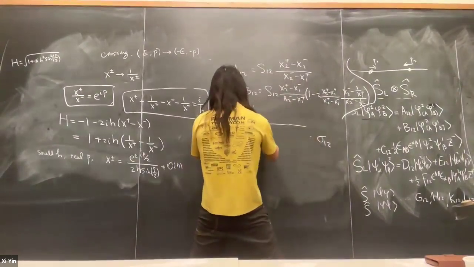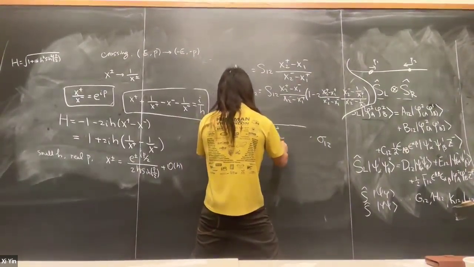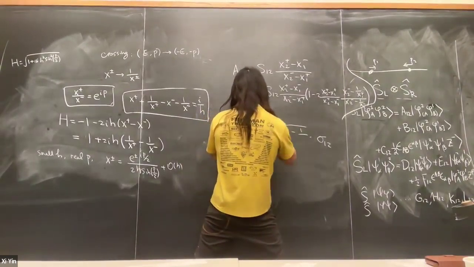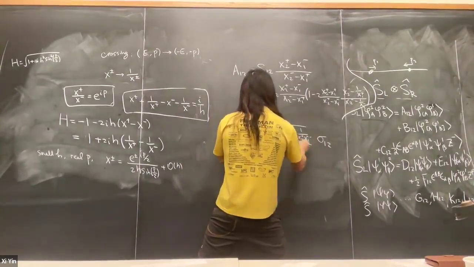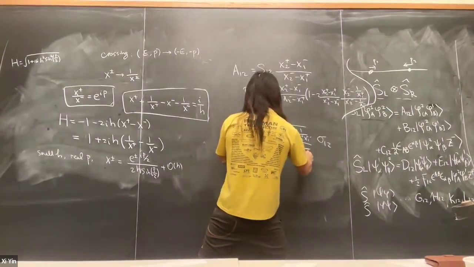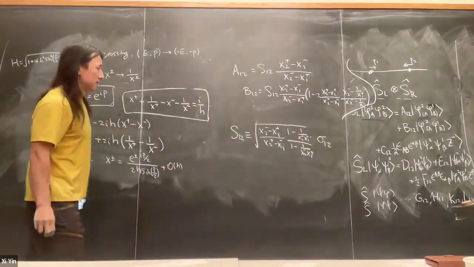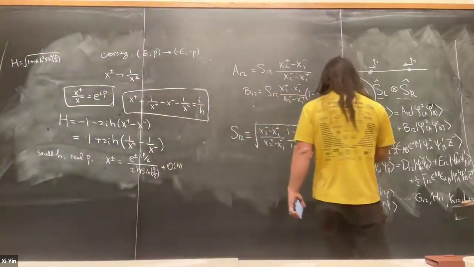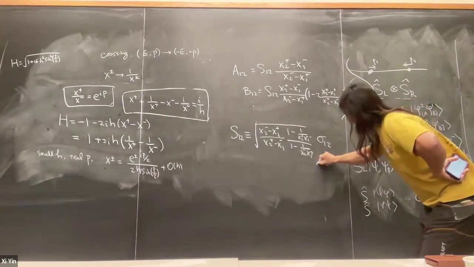So something is x1 minus x1 plus x2 plus minus. There's a kind of redefinition that expresses this in terms of some sigma 12. This thing is called the dressing factor.